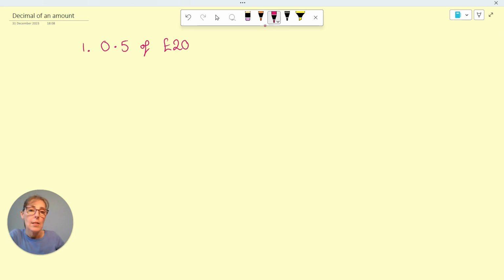I could either see the 5 is in the tenths column and I could use that, or I could know that 0.5 is equal to a half. So therefore I can do 5 tenths of £20, or I could do half of £20.